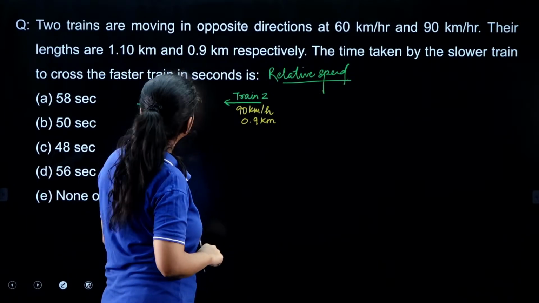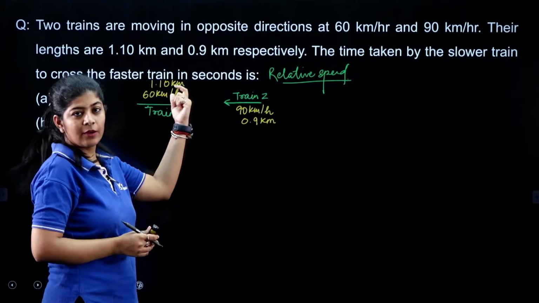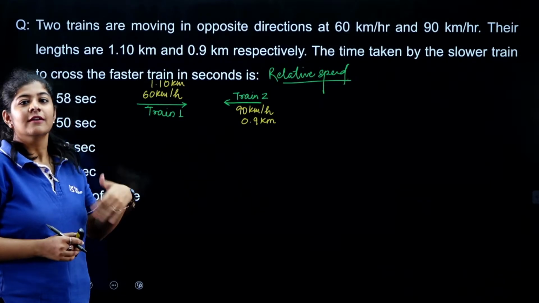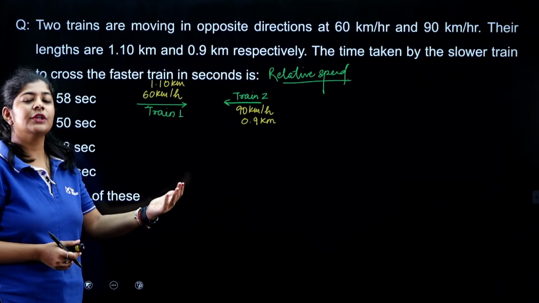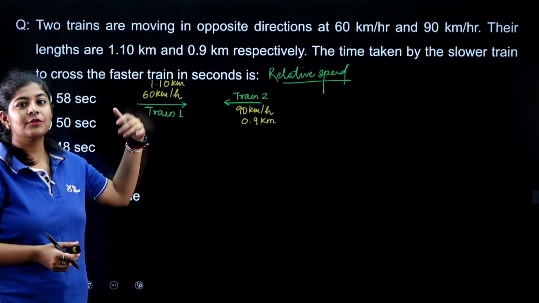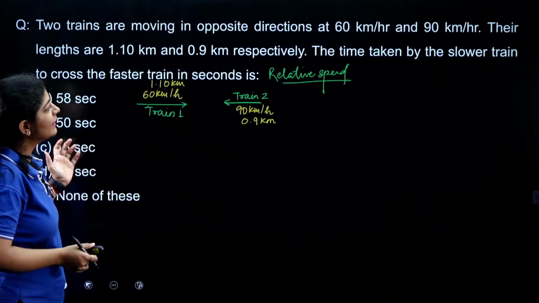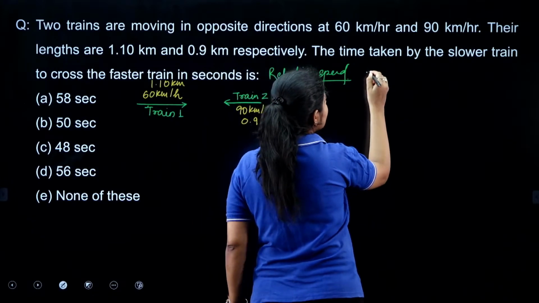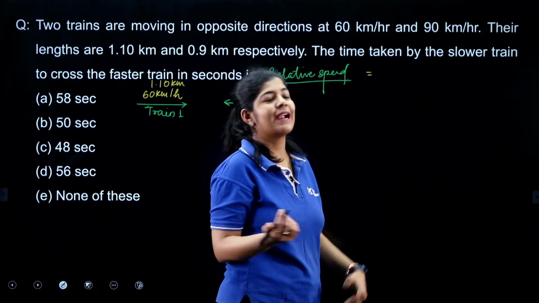Now if you see here, the speeds are in kilometers per hour, but the options are in seconds. That means we need to convert these into meters per second so that we get a correct answer. First we will calculate the relative speed, and we know that opposites attract each other.